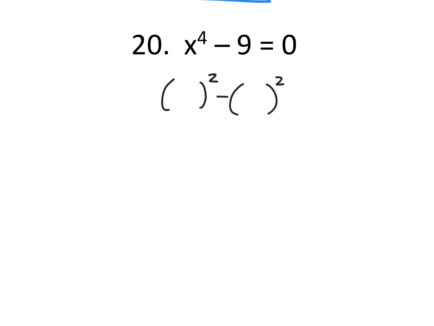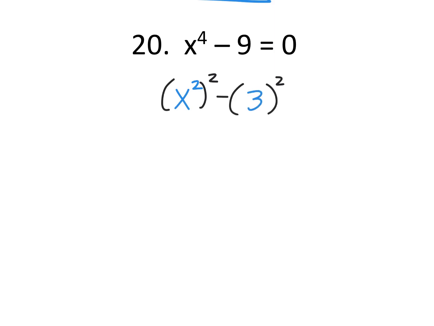So let's think about what this would have to be. Obviously, your first term has to have an x. If I just do x, is that going to work for me? No, because it'll get you x squared. So we talked about this yesterday. What's it got to be then? X squared, squared. Fun. And then your second term, 9, is the same thing as, what's the square root of 9? 3.